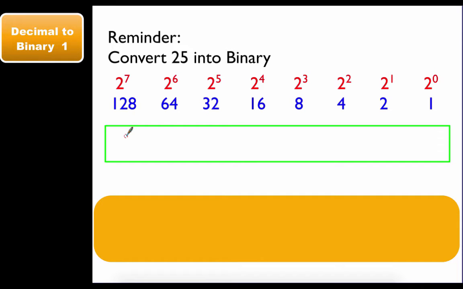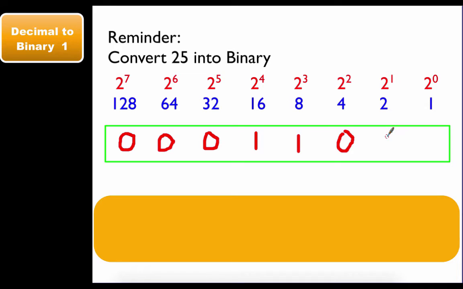Well, 128 is bigger than 25, so we're going to put a 0 in there. 64 is bigger, a 0 in there. 32 is bigger, a 0 in there. 16 can fit, so we can have 16. We can have 8 as well. So 16 plus 8 is 24. If we add 4, we get 28, so we don't need that.